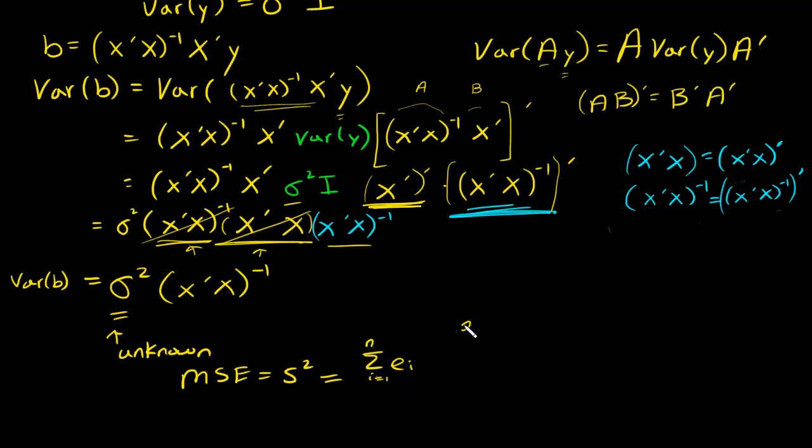Remember, our model error terms are just our actual observed values minus the predicted values. So the sum of those squared, divided by n minus 2. An estimate of the variance of B would then be s squared times X transpose X inverse.